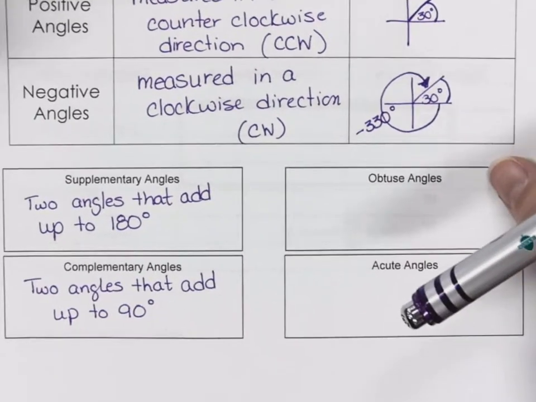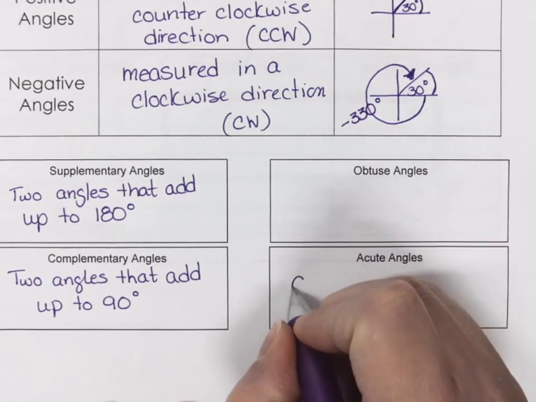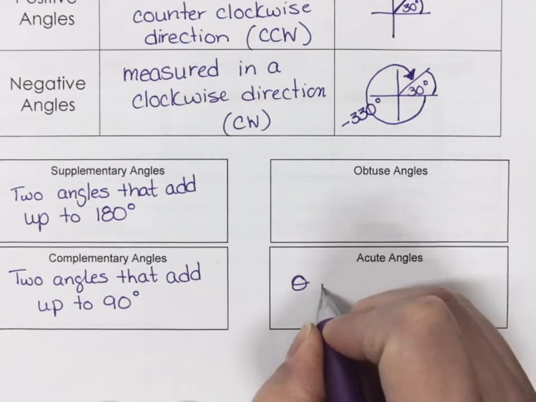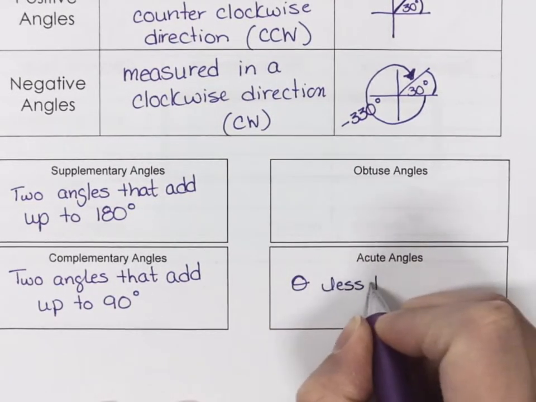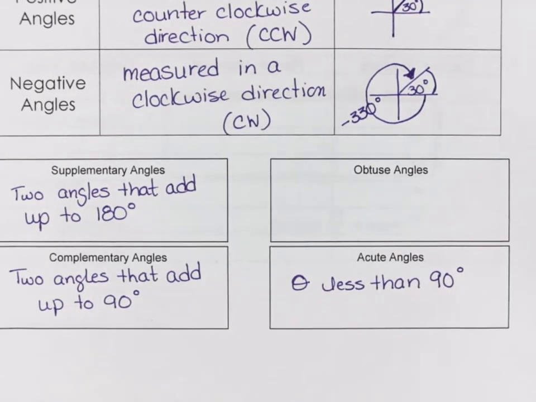Okay, obtuse angles. Anybody remember? Okay, let's go to acute angles. What are those? Less than 90 degrees. Yeah, so it's just one angle that's less than 90 degrees.